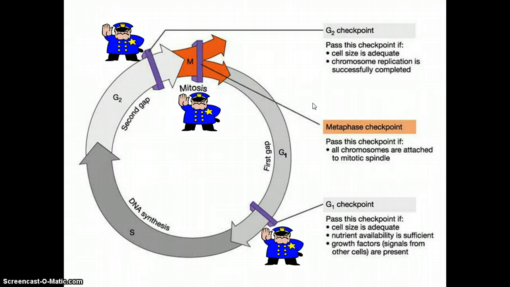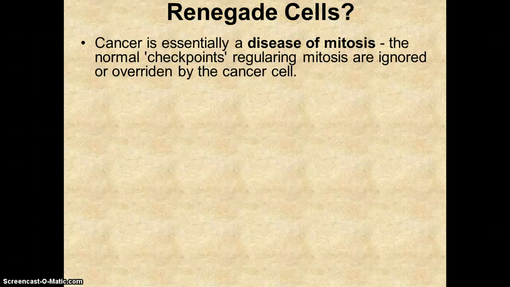This metaphase checkpoint makes sure that all of the chromosomes are attached to those spindle fibers so that in anaphase, each chromosome can be pulled apart correctly. If it passes that checkpoint, then it finishes with mitosis and continues again into the G1 phase.